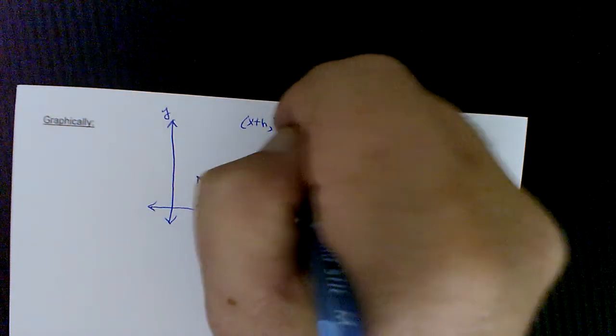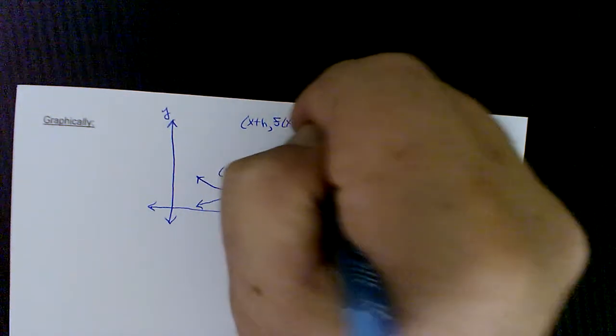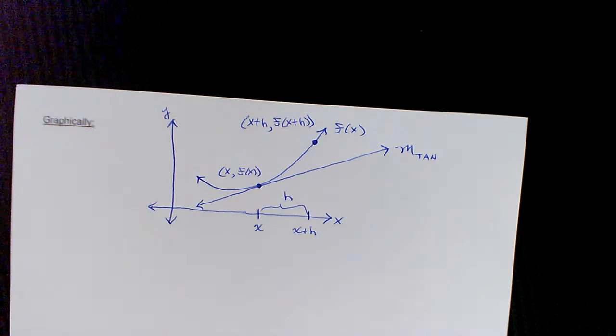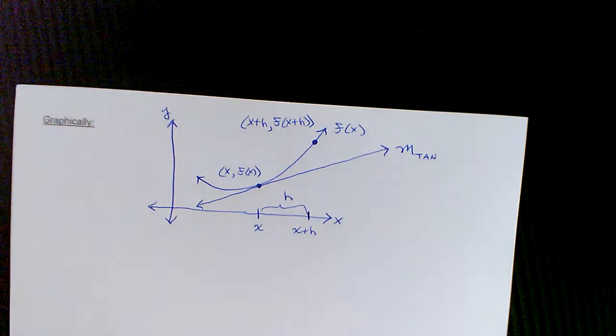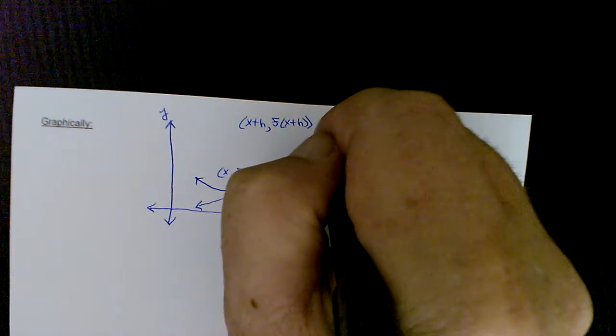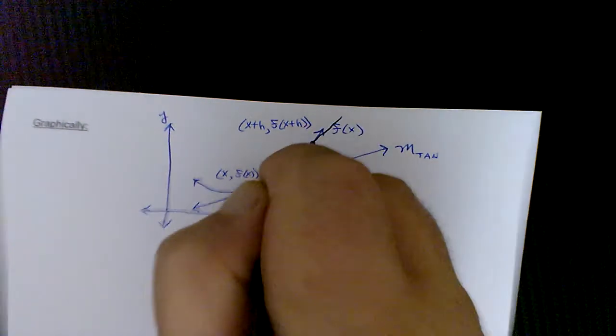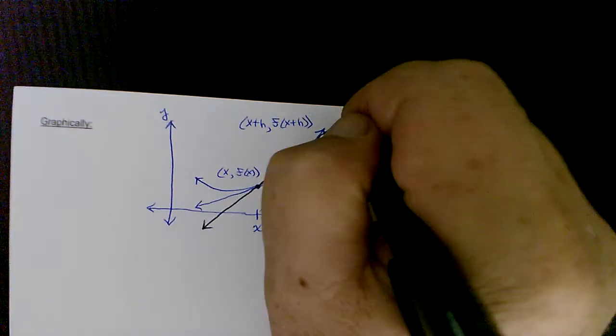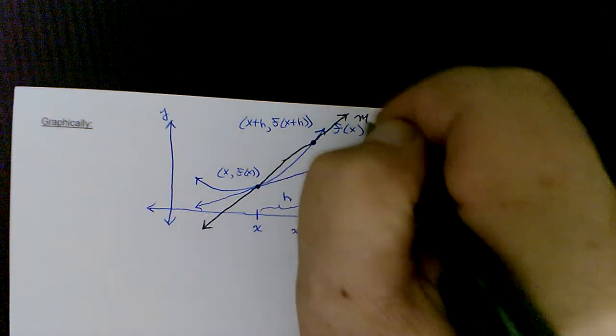So f of x plus h. And then what we do is we draw the secant line. So the secant line passes through these 2 points. So that'll be the slope of the secant.